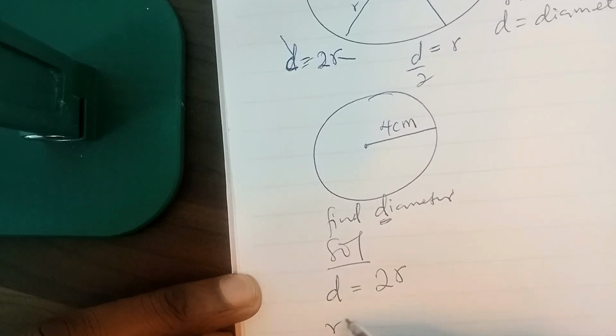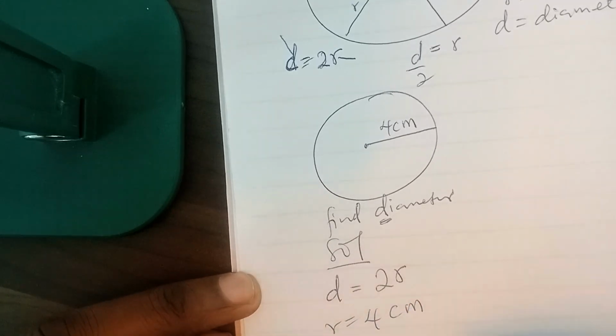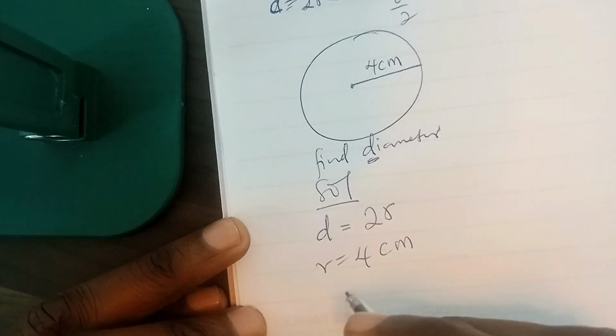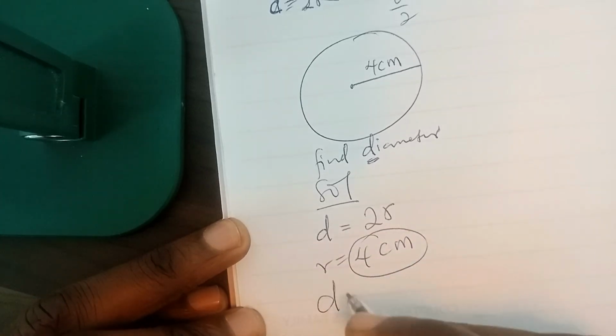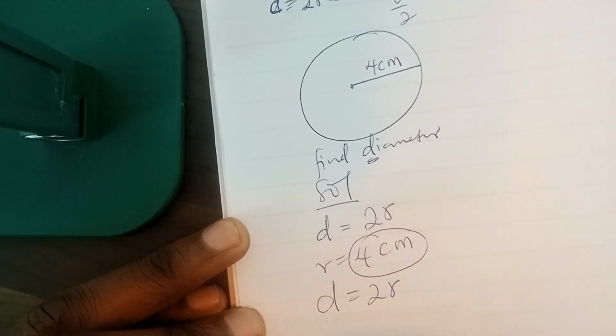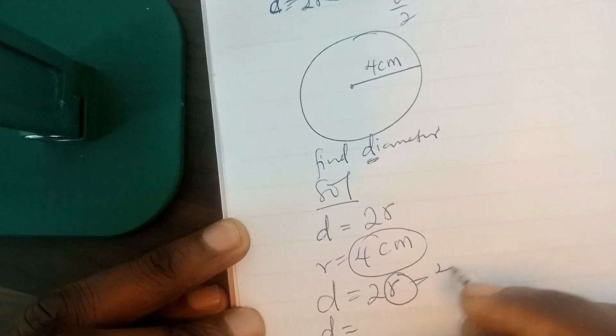If you are given r to be 4 centimeters, wherever there is r, you represent it with 4. So d equals 2r.